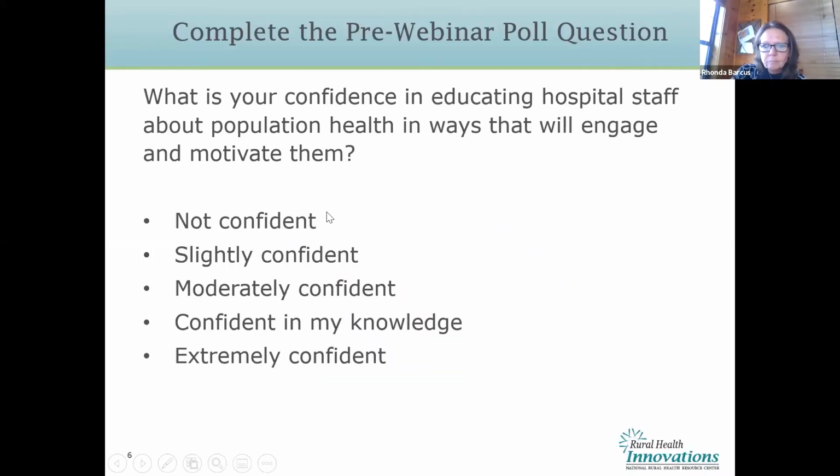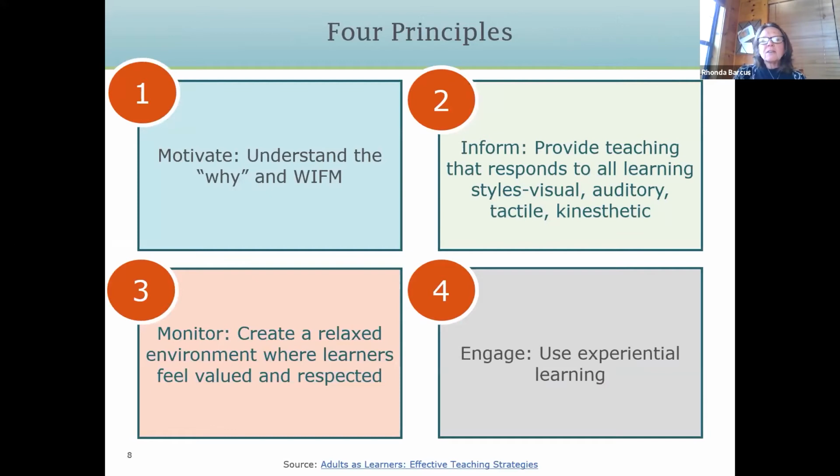Thank you. All right. So there are 4 principles around adults as learners, and we're going to talk about these in a little bit more detail. The first letter of each of these spells MIME.